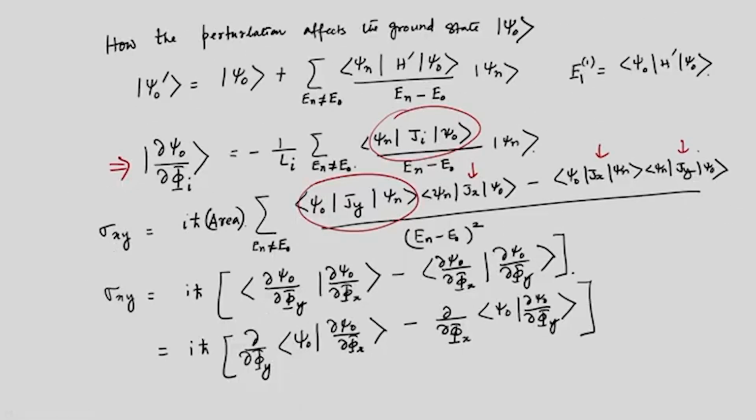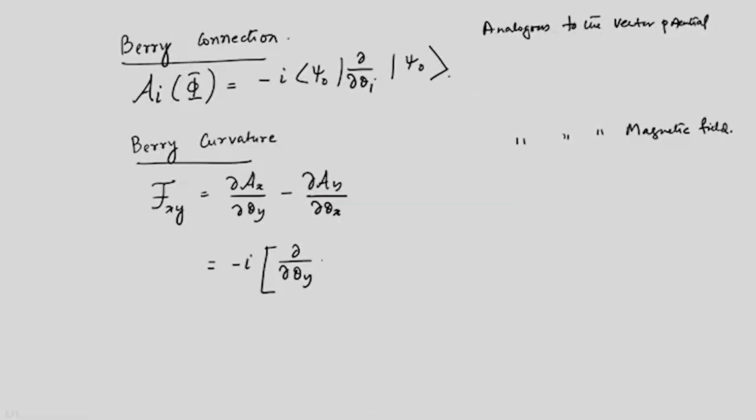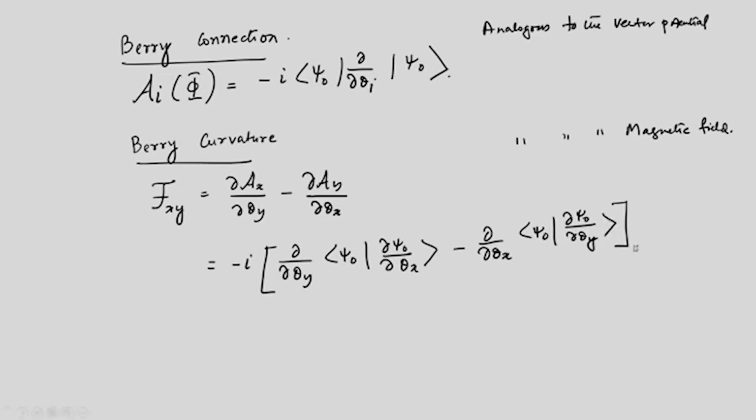So, we had this del phi_y, which is now del theta_y, and so on, and all these things will be written in the present notation, which is del theta_y and psi_0 and del psi_0 del theta_x, minus the same with x and y swapped, and this is what is the Berry curvature.